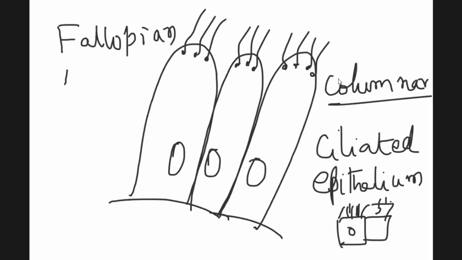Don't say ovary. Ovary doesn't show cilia. The fallopian tube is meant for pushing the egg, the ovum, towards the uterus.